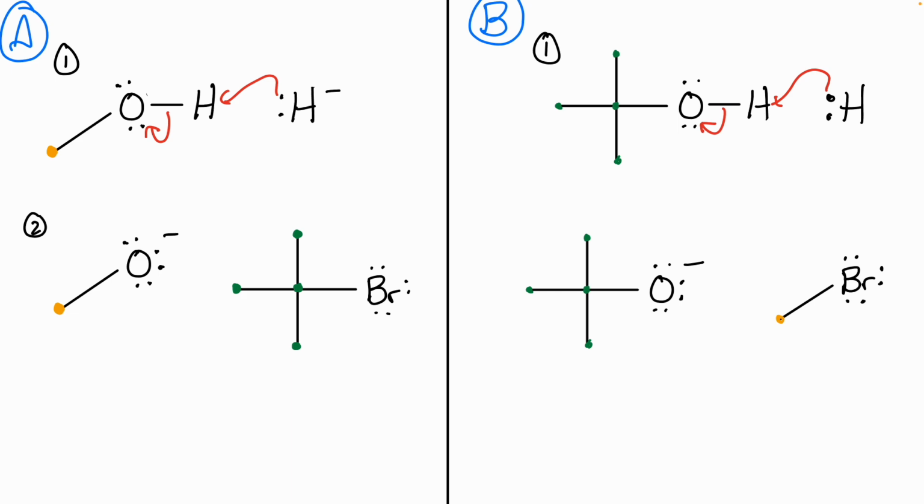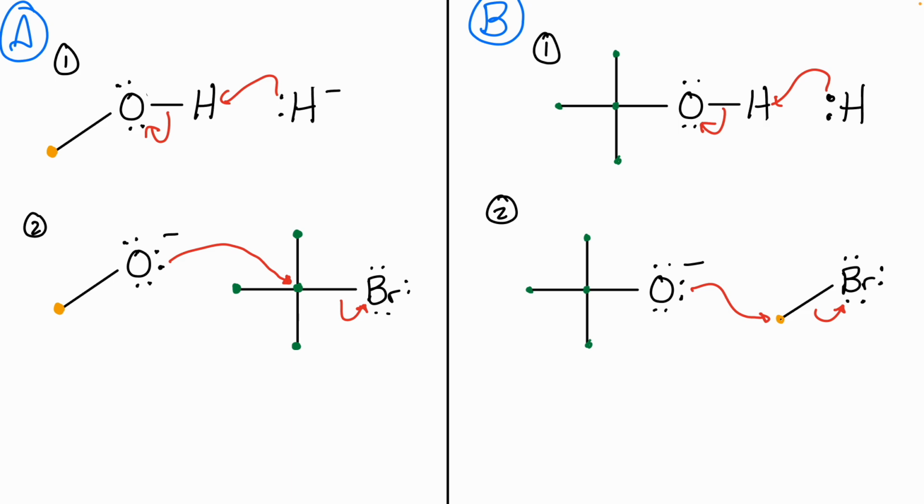All right, that second step in our mechanism. Which one of these is going to be more favorable, A or B?